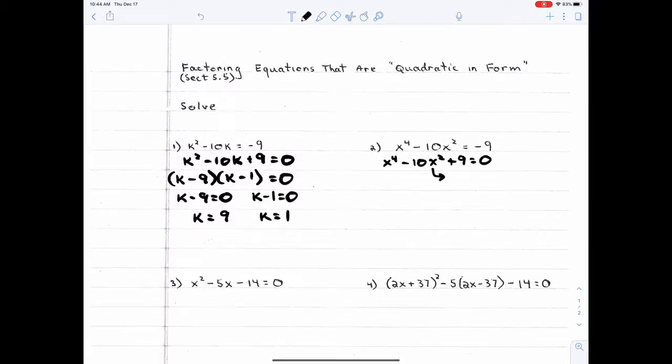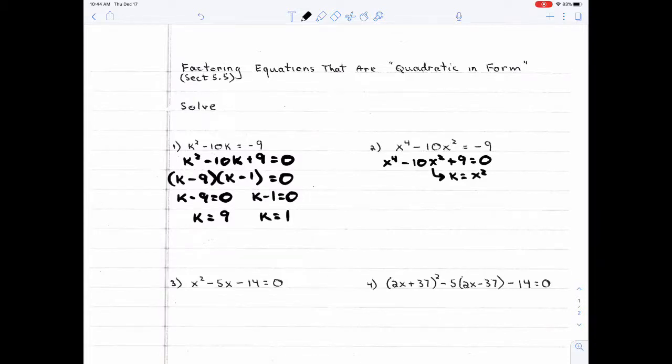and call it some other letter other than the letter that's there. I'll pick K. Maybe some bizarre letter that really sticks out. And I'm going to set that equal to the thing that is squared, the x squared.